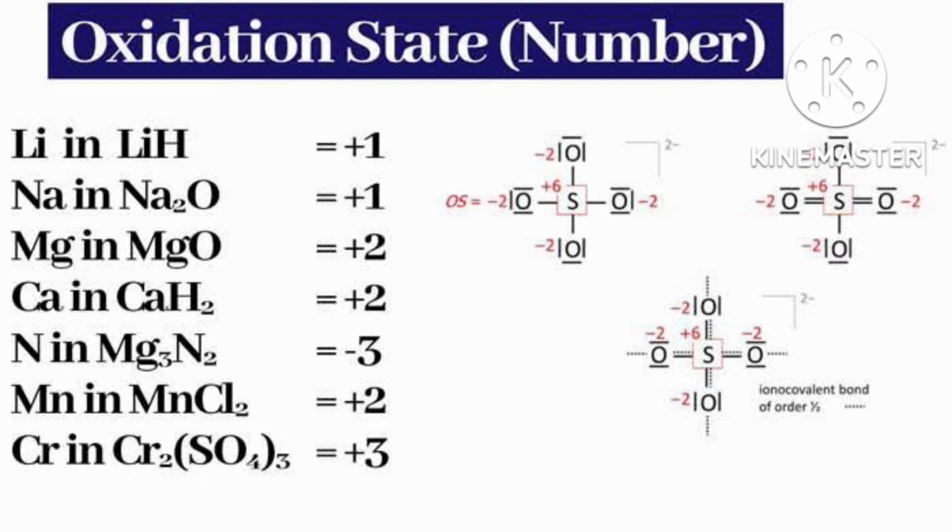Fluorine has the highest electronegativity. Being the highest electronegative element, fluorine is given oxidation state -1. Correct? This you have to understand. Fluorine is given oxidation state -1.